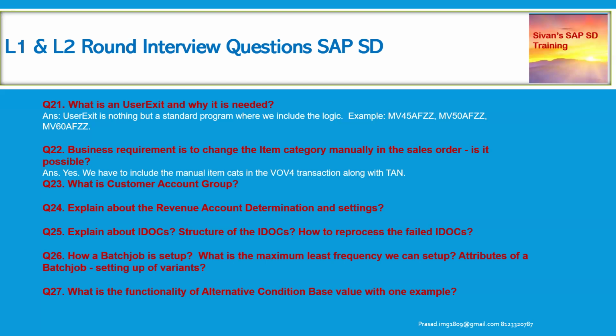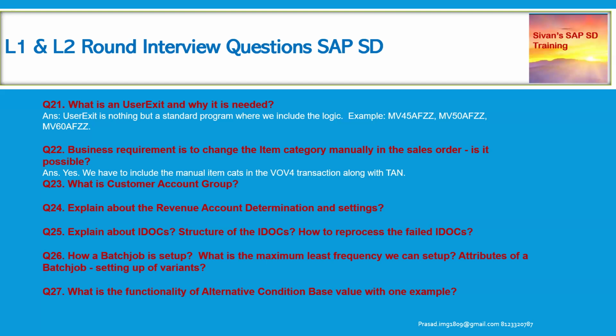For example, the reconciliation account in the company code data of the customer master data. If we want to keep it mandatory, then when we try to create a business partner or customer master data in ECC or S4HANA, the system will not allow you to proceed further unless you mention the reconciliation account field value.